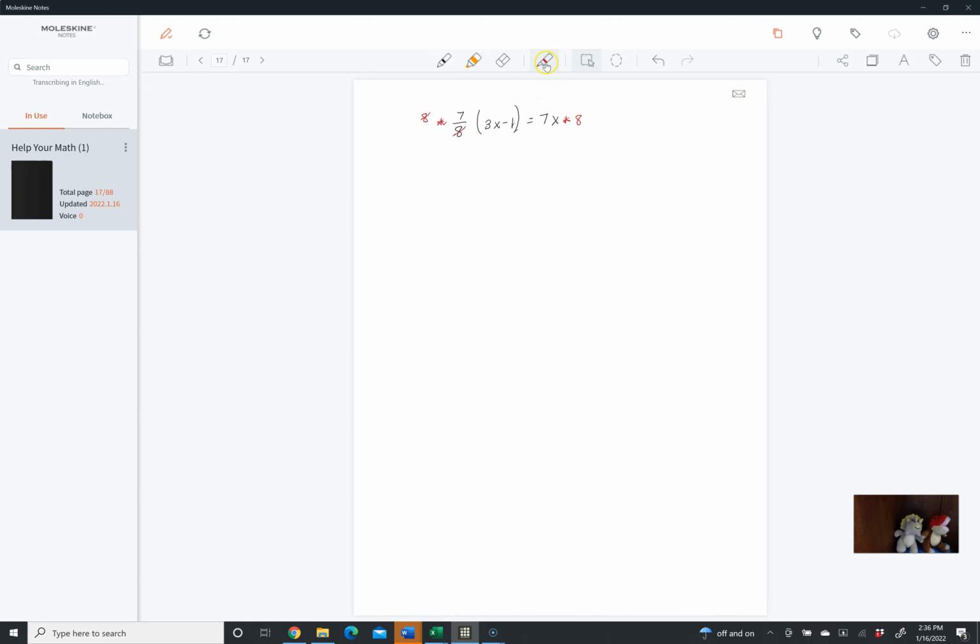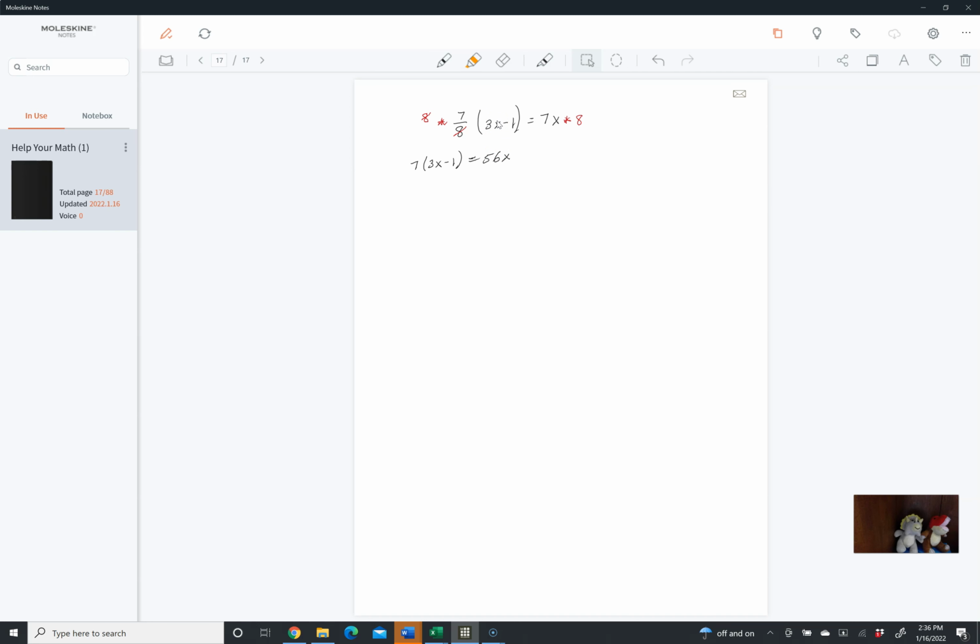So what we're left with is 7 times 3x minus 1 is equal to, and on the right, we would just multiply the constants. So 7 times 8 is 56. Distribution only holds when what's inside the parentheses is one step lower in the order of operations.